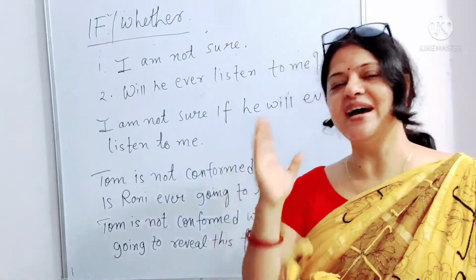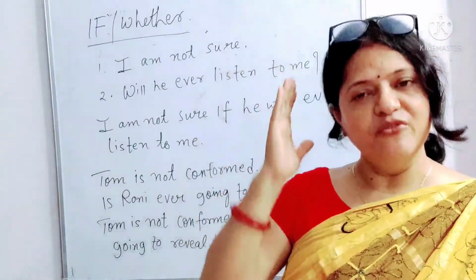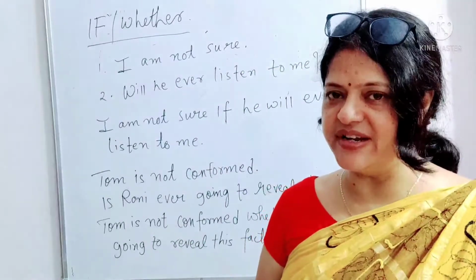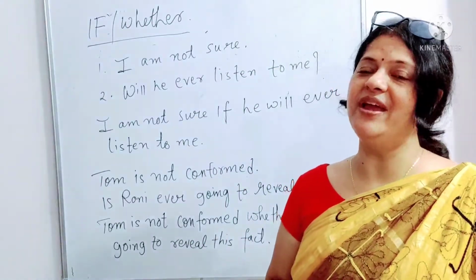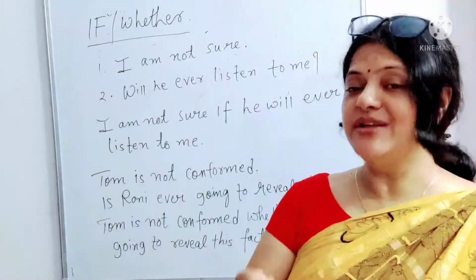First condition is that, if you're adding two sentences, the first sentence should be an assertive sentence and the second sentence should be an interrogative sentence starting with an auxiliary verb.